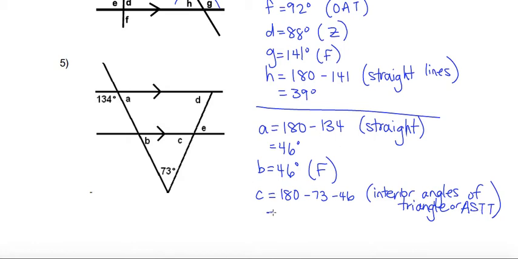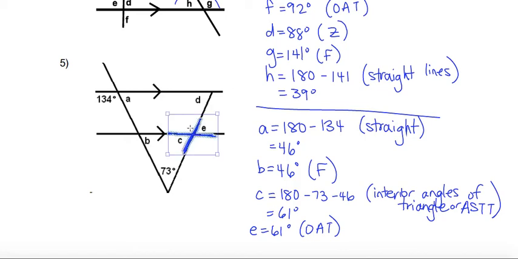So C is equal to 180 take away 73 take away 46, which is 61 degrees. And now that I found the value of C, I can use the opposite angle theorem to solve for E. So E is also 61 degrees because of the opposite angle theorem, or it creates an X, so the angles across from each other are the same.